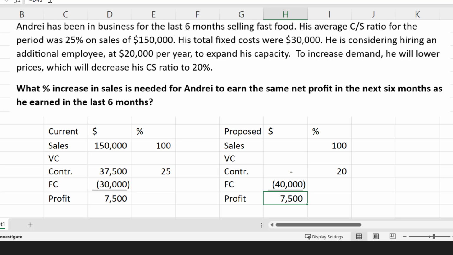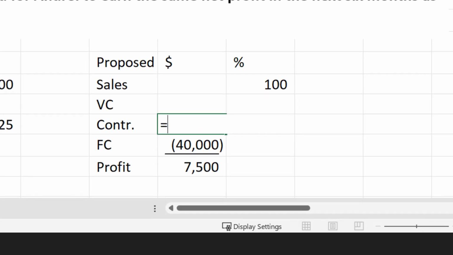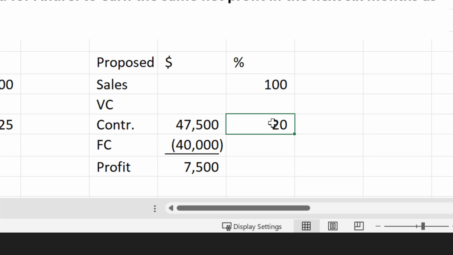So now, working backwards, we can get to the contribution that we need to earn to hit the 7,500. And we know the new contribution to sales ratio will be 20%. So now we're just going to work the other way.